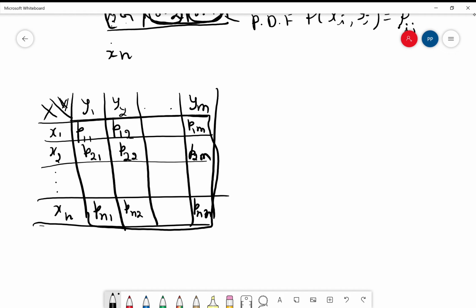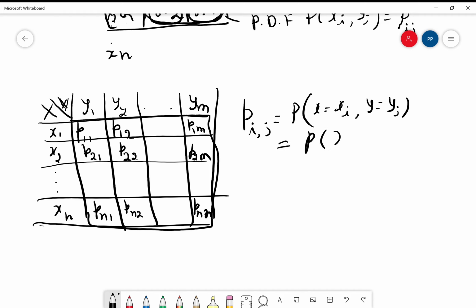In general, Pij equals the probability that x takes the value xi, y takes the value yj. It's also written as probability of xi comma yj, or f of xi comma yj, as some books use this notation.